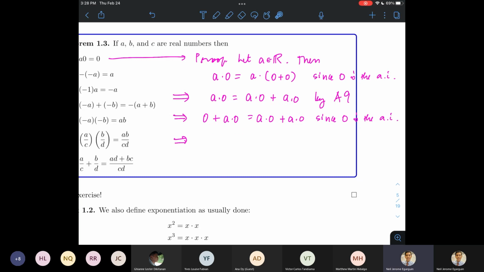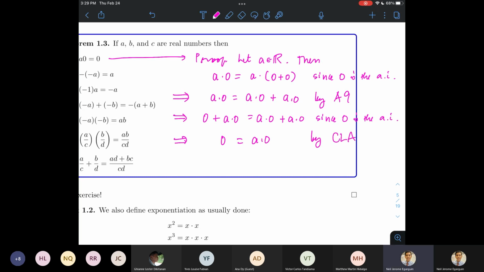Sabi ng cancellation law for addition, if you have A plus C equals B plus C, then A is equal to B. This is my A, this is my C, this is my B, this is my C, parehas na may C na naka-add, so I can just use the cancellation law, all right? And ultimately get A times 0 equals A times 0 by the cancellation law for addition.